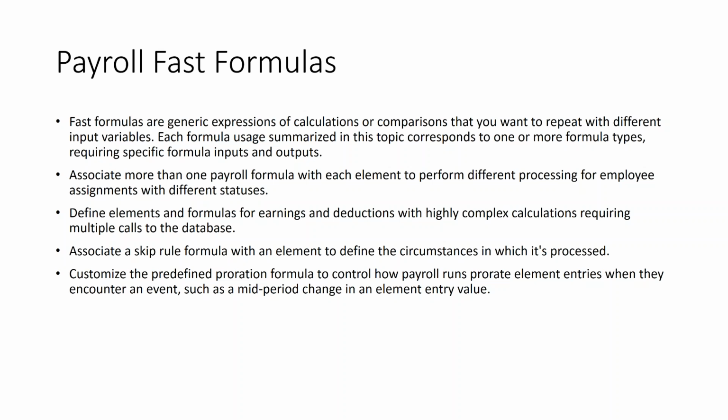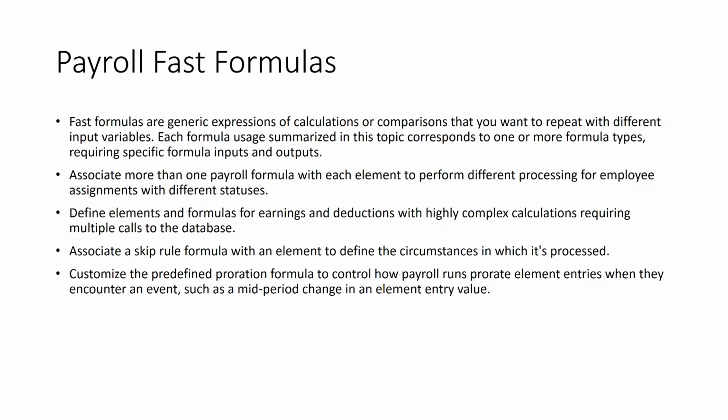Now, the last point is not important anymore, because here it says to customize the predefined proration formula to control how payroll runs prorate element entries. Previously, in earlier releases like release 7 and release 8, we didn't have so many factors for proration.